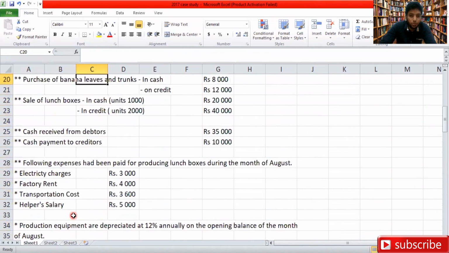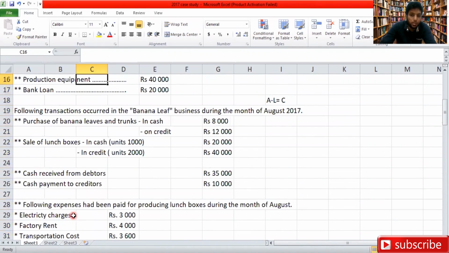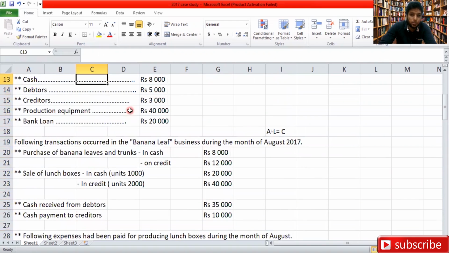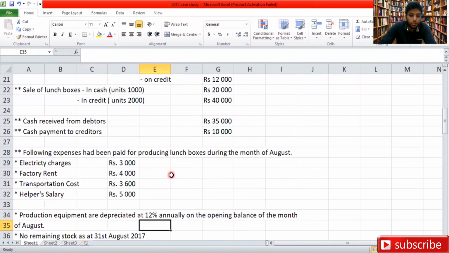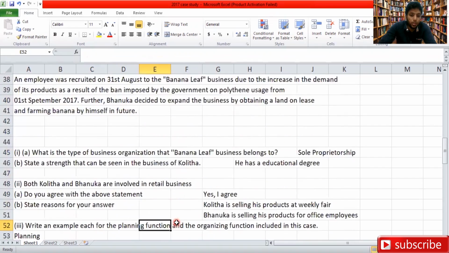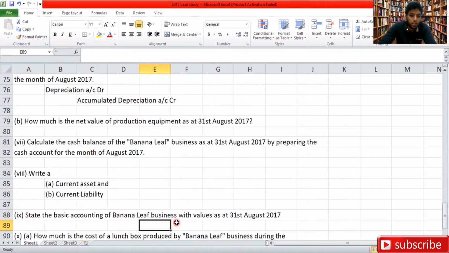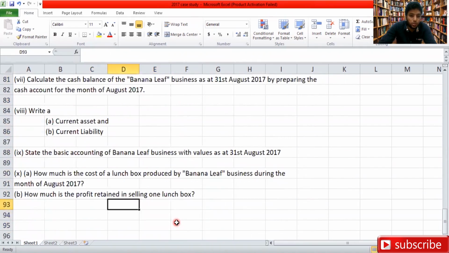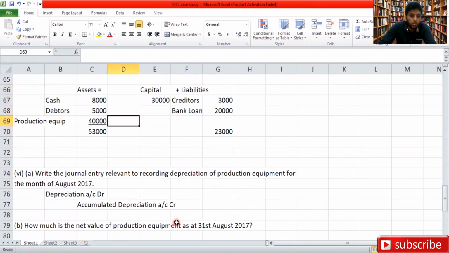It's that easy, guys. The same format continues for every year. If you see the production equipment is 40,000, in this 40,000 you need to take only 12%. Now here they have said 12% annually, but we are doing only for the month of August. So I will take 40,000 multiplied by 12%. So 40,000 into 12% will give me 4,800.